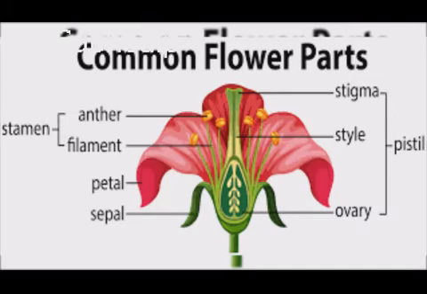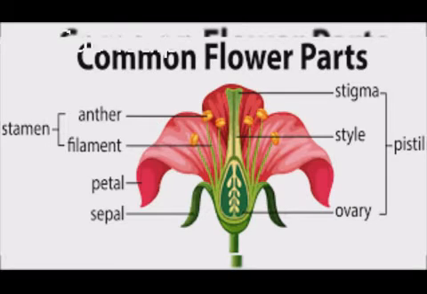The carpel has three main parts: ovary, style, and stigma. The swollen base of the carpel is called ovary. A stalk-like structure called style extends from the ovary.